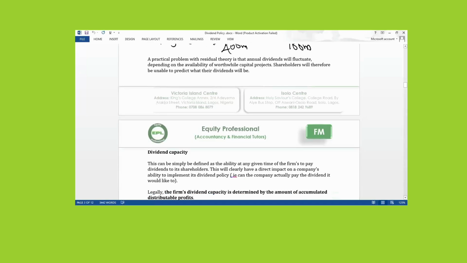Let me round up here. Your dividend capacity. Dividend capacity can be defined as the ability of a company to pay dividends at any given time.